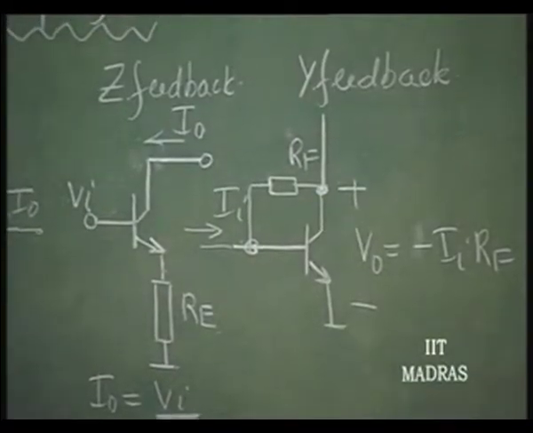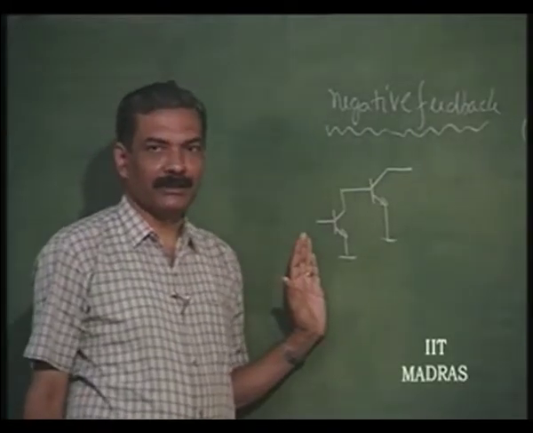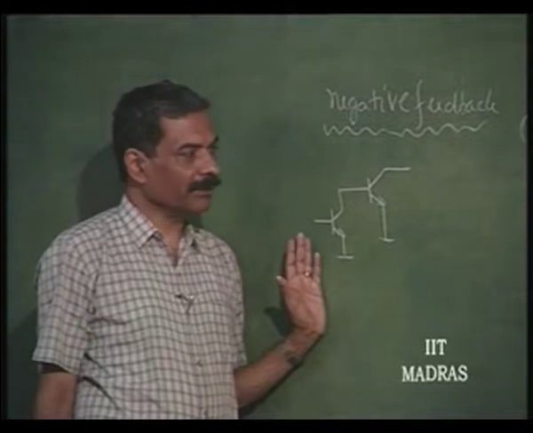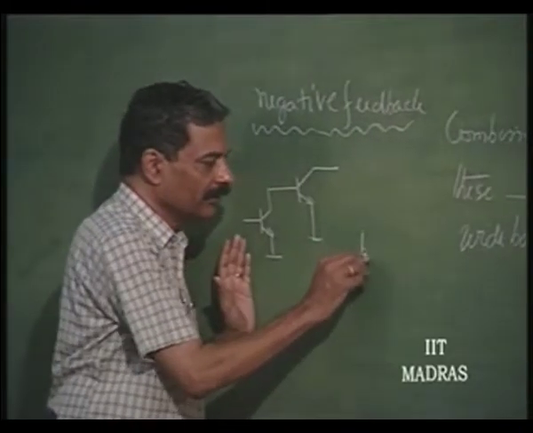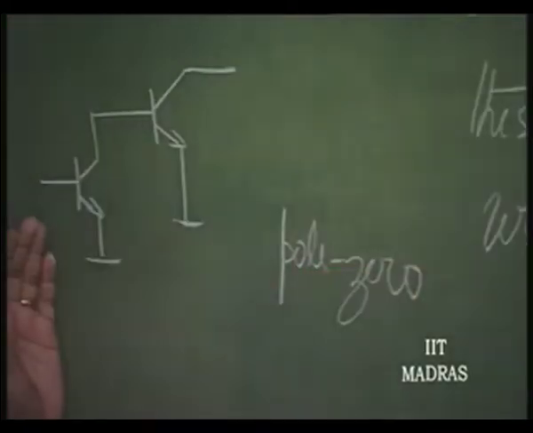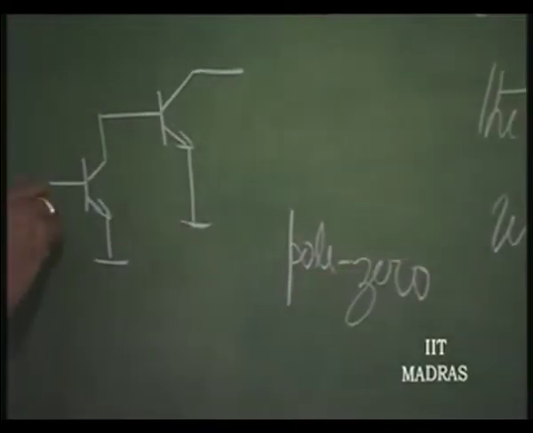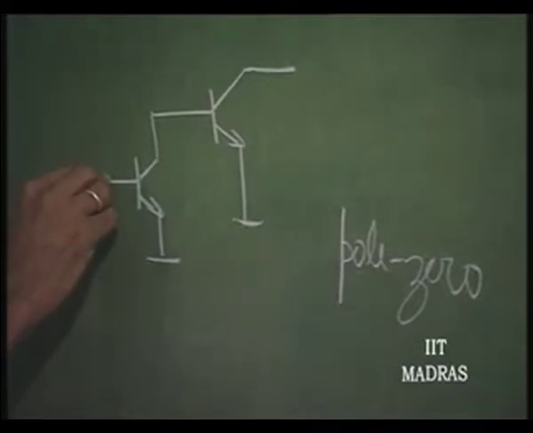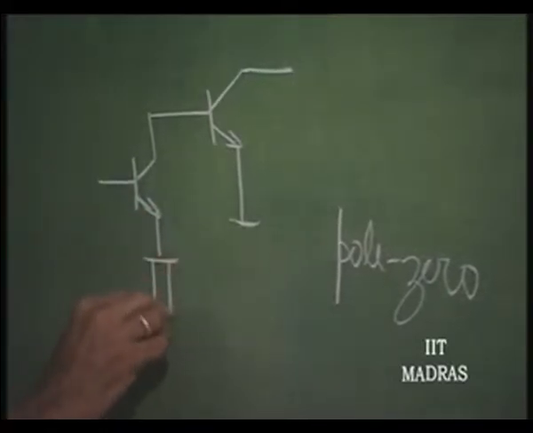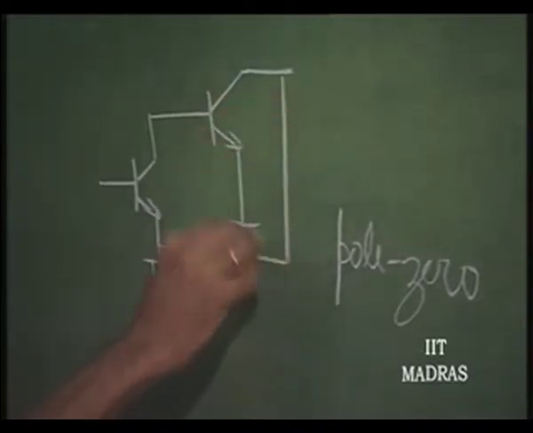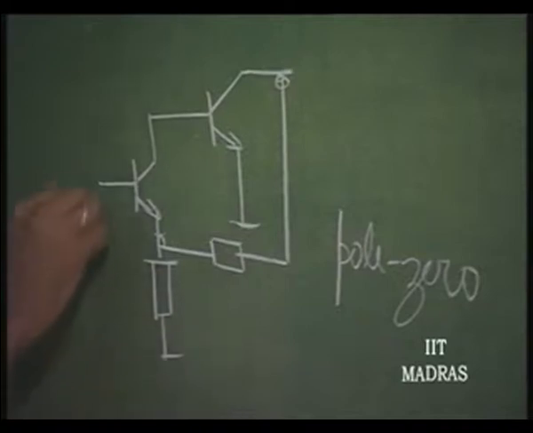Here this needs compensation, and therefore, the compensation that we adopt here is essentially pole zero compensation, which we have discussed. So, the negative feedback structure also we have discussed earlier. If it is H feedback, it is this structure.